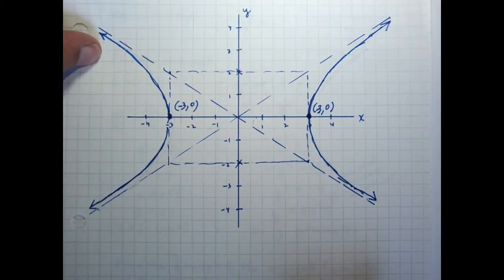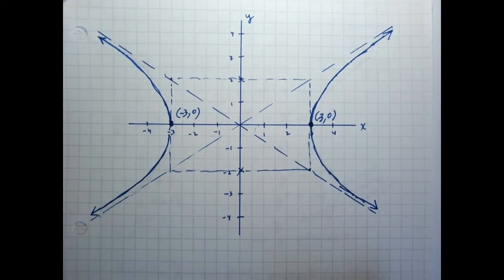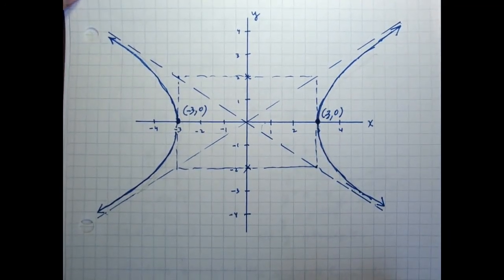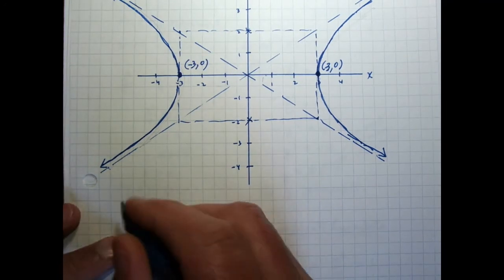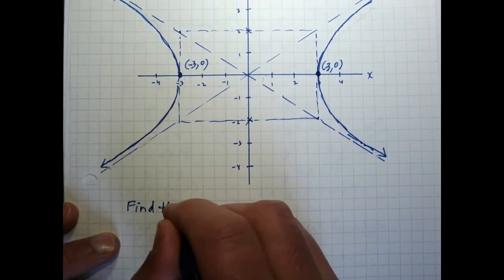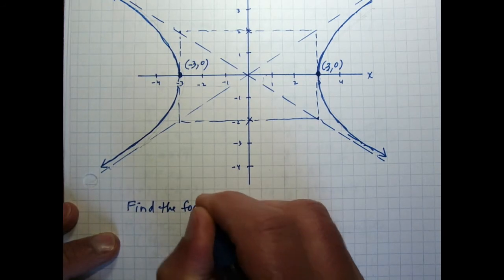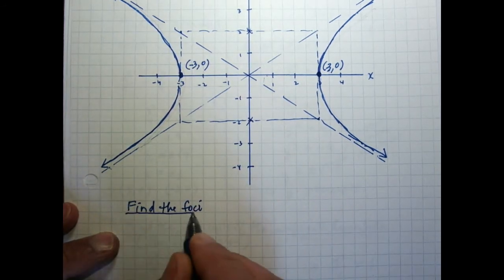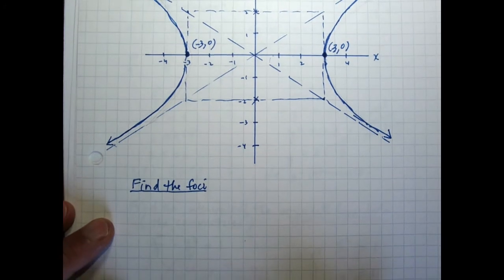Now there are two more things that we want to do before we're through with this problem. We want to find the foci, and we're also going to find the equations of the asymptotes. But first, let's just find the foci.